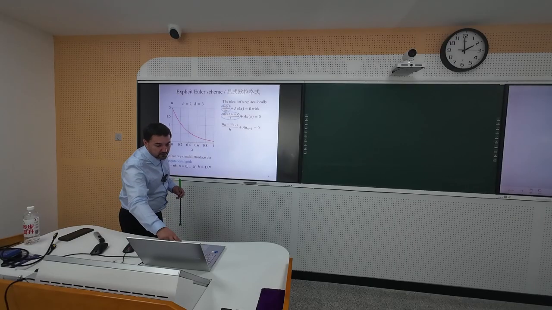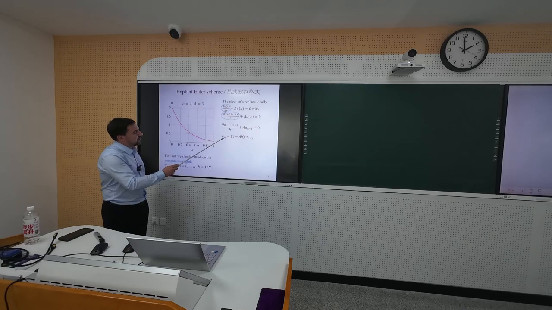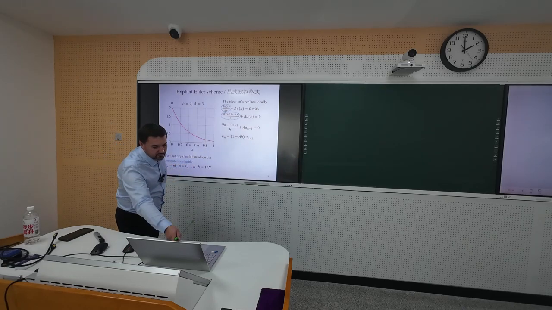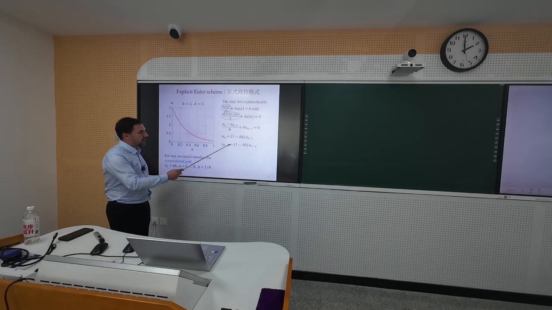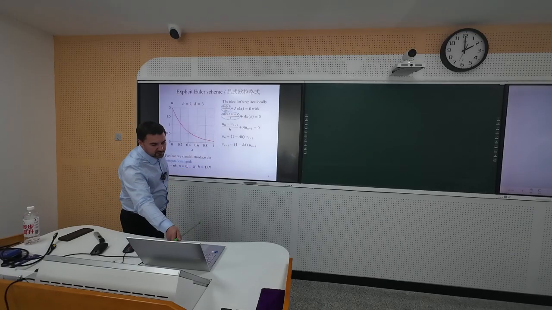So let's write it down. We can express un as a function of un minus 1. In turn, un minus 1 is the same function with argument un minus 2, and so on and so forth.